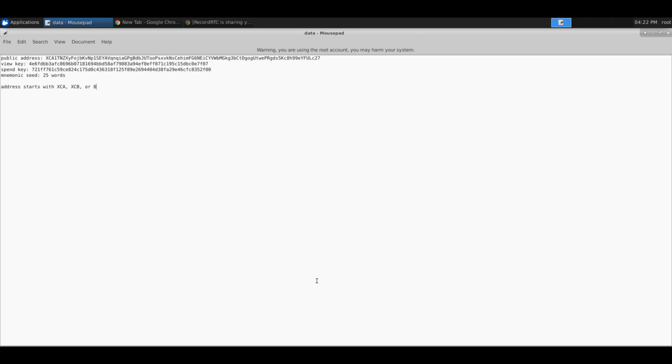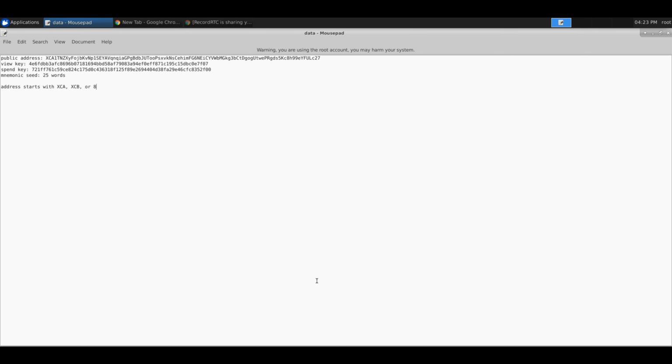So the XCB was created that way. If an exchange has an XCB, it's a lot easier to just send them the Xcash, and it won't give you the chance to forget to include the payment ID because the payment ID is included.